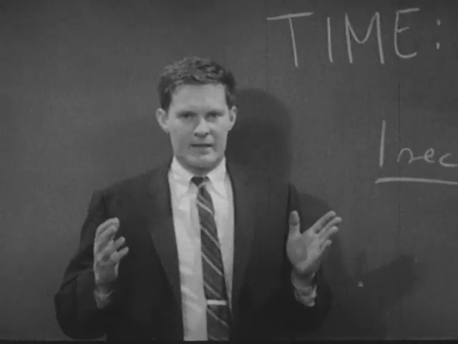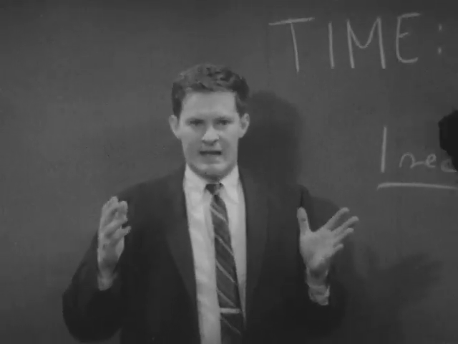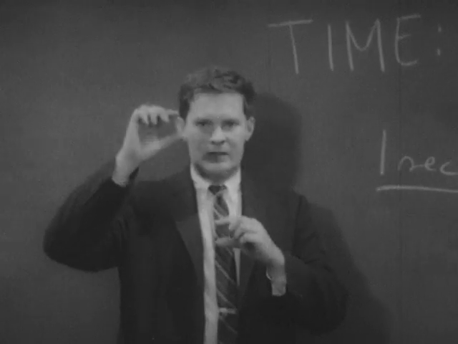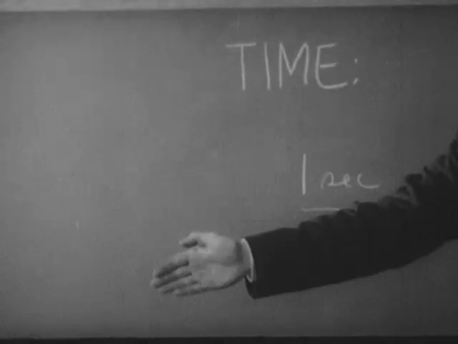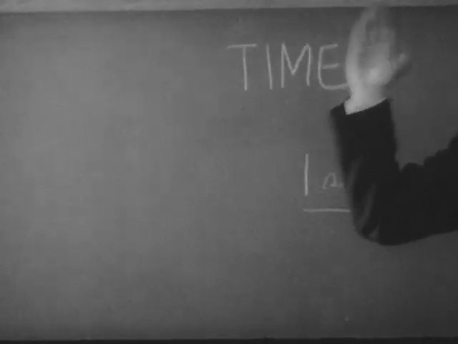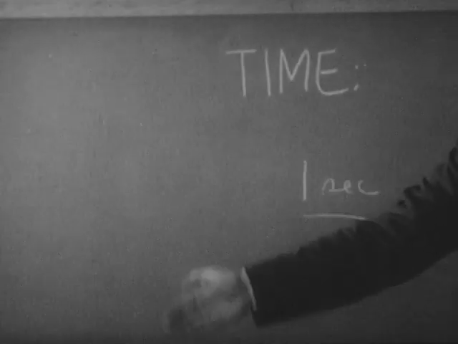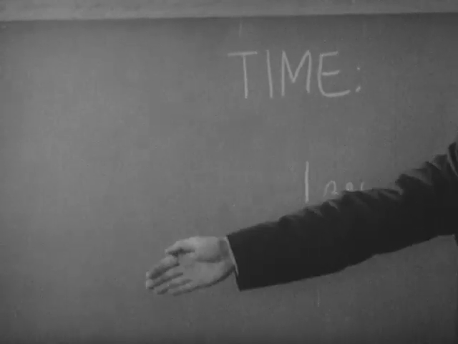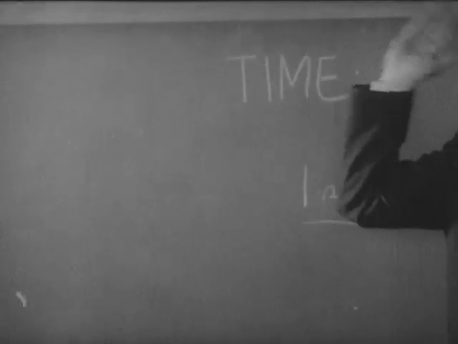Well, this movie that you're seeing is made up of many individual still pictures, and my gestures seem perfectly smooth, but if we slow up the camera so that there are fewer frames per second, your eye and brain now begin to distinguish individual frames, and the motion of my hand seems jerky.